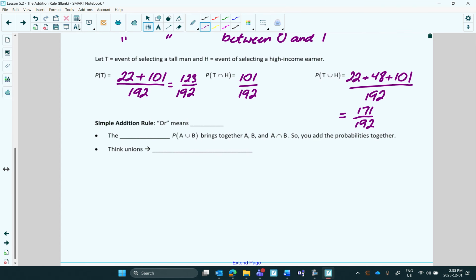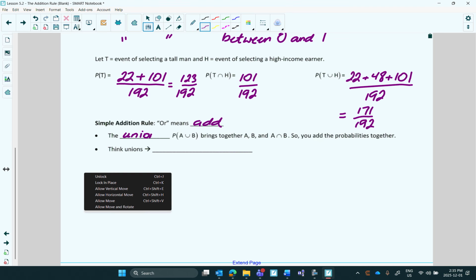Okay, so this kind of speaks to the addition rule. When we see the word or, that means add. And this specific type of notation, ∪, is called union.